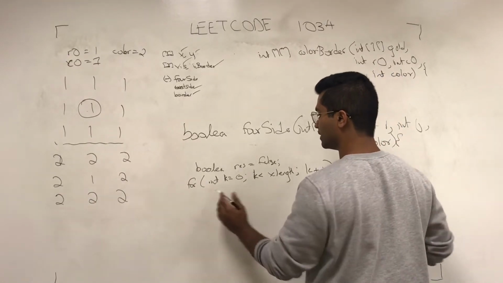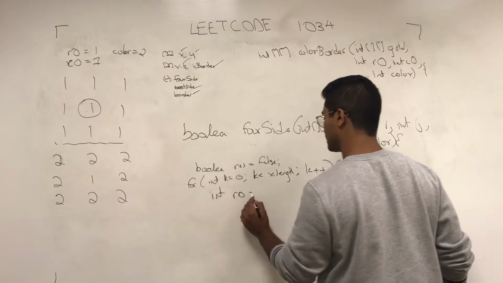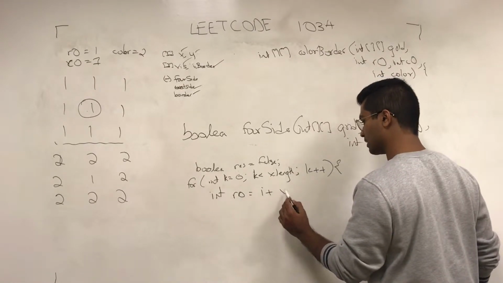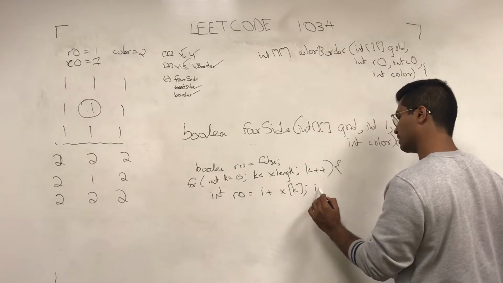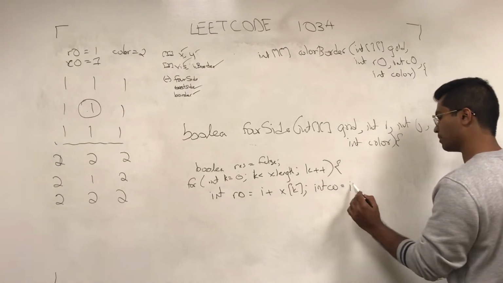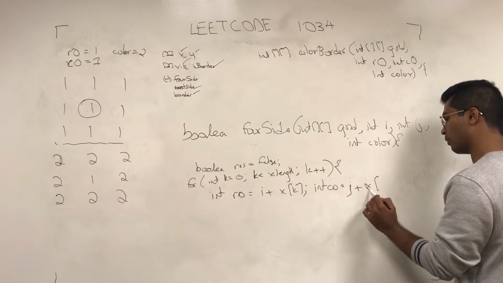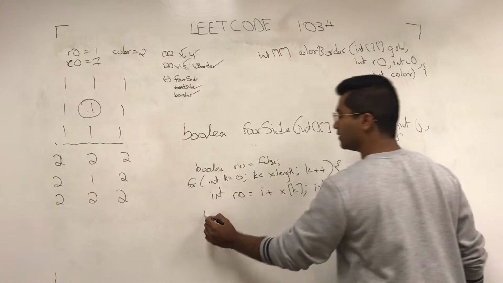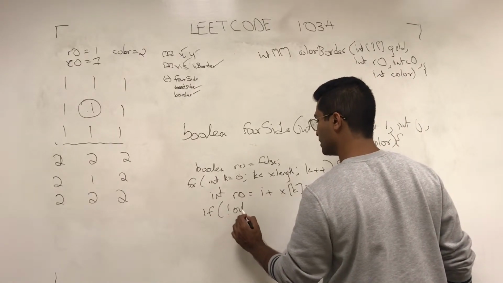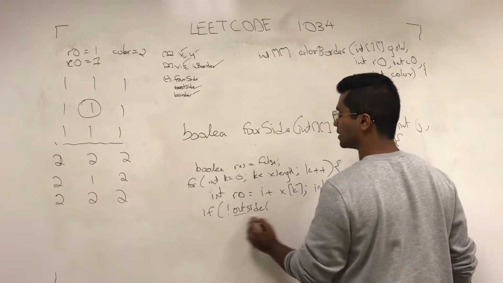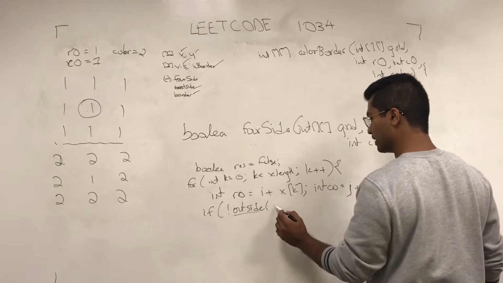And then int row is going to be i plus x of k, and then int co is going to be j plus y of k. If row and co are not outside, now keep in mind, outside is the helper method we wrote already.